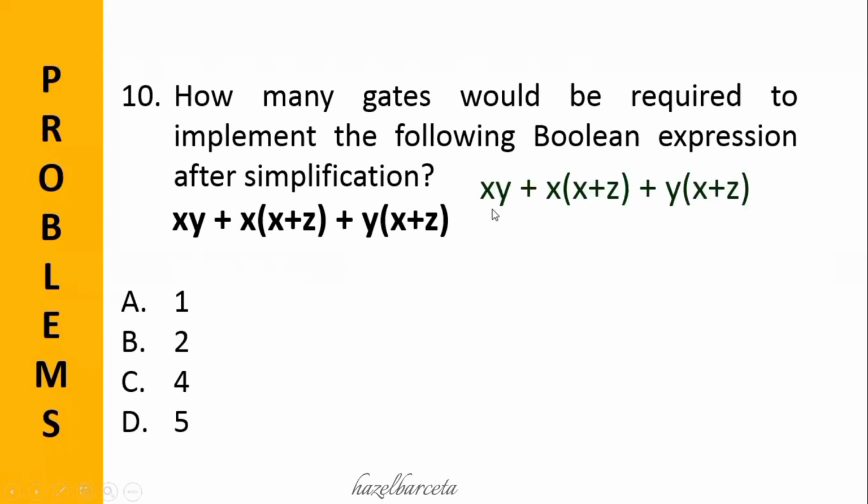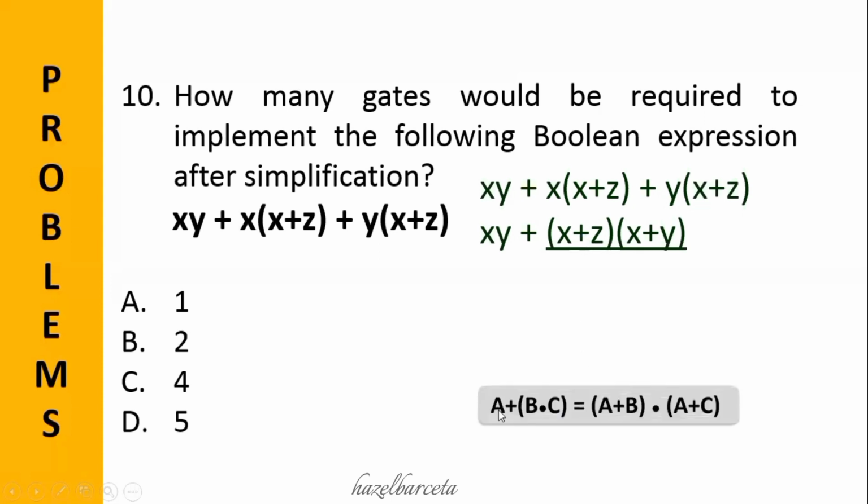Copy the expression. Then, factor out the common. Okay? Copy x plus y. The common here is x plus c. So, x plus c and naiwan ay x plus y times x plus y. Familiar po? Yes. We have this law stating this one.